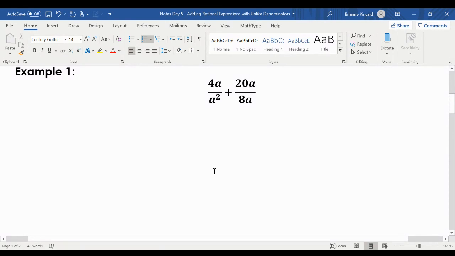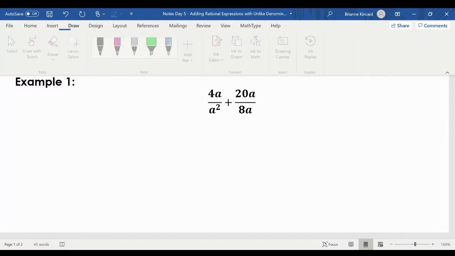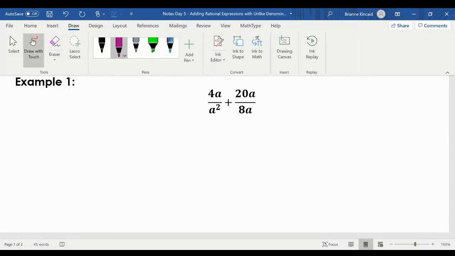So when looking at this first example, 4a over a squared plus 20a over 8a. A squared and 8a are both monomials, which means our LCD is going to be a monomial as well. The first thing that I like to look for with my LCD is the coefficients.